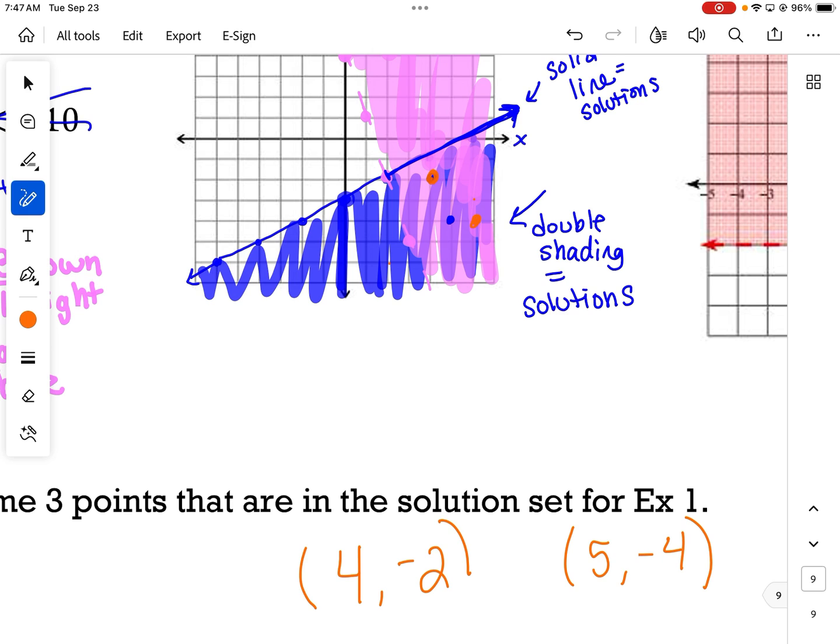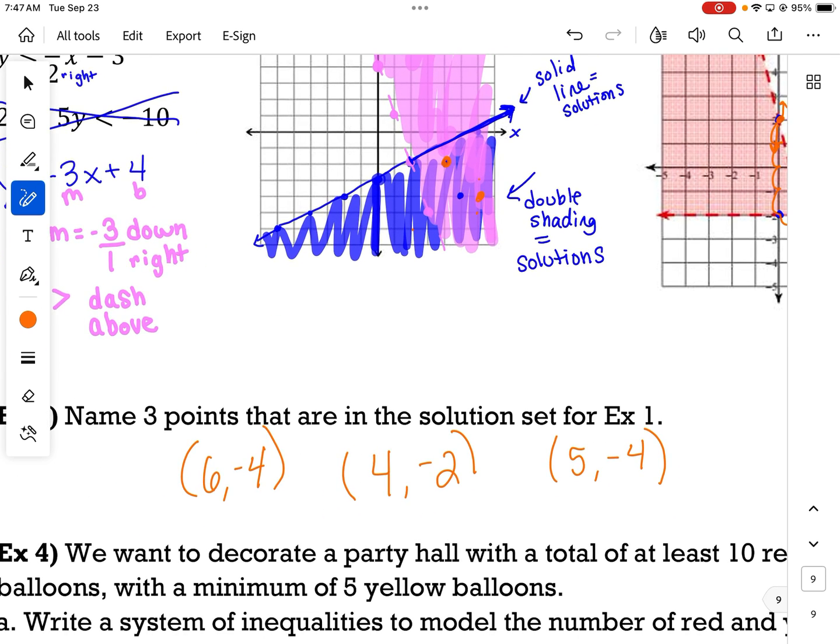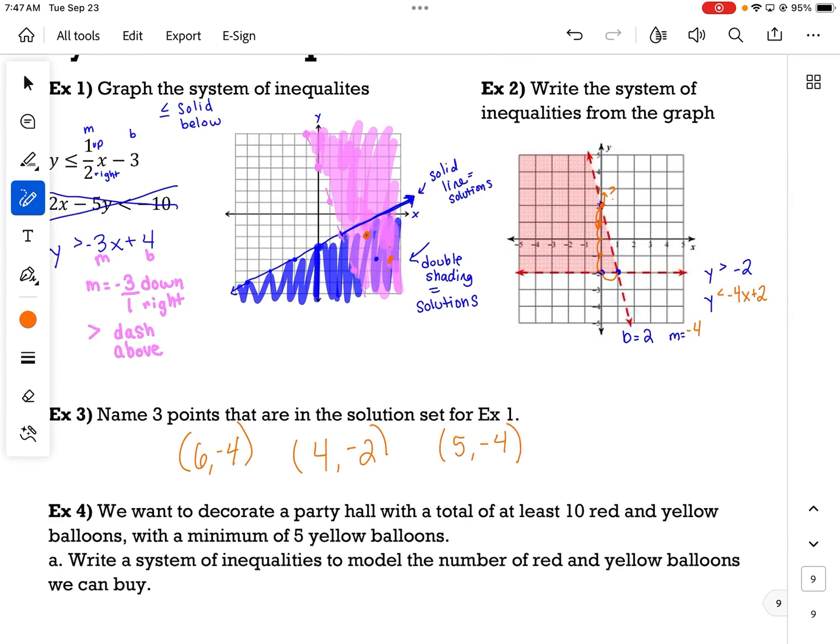Yeah. 1, 2, 3, 4. Is that it? 2, 4, 6, -1, 2, 3, 4. Yeah. 6, -4. Yeah, that'll work. And it could be on the dotted line as well. I mean, the solid line. Sorry.